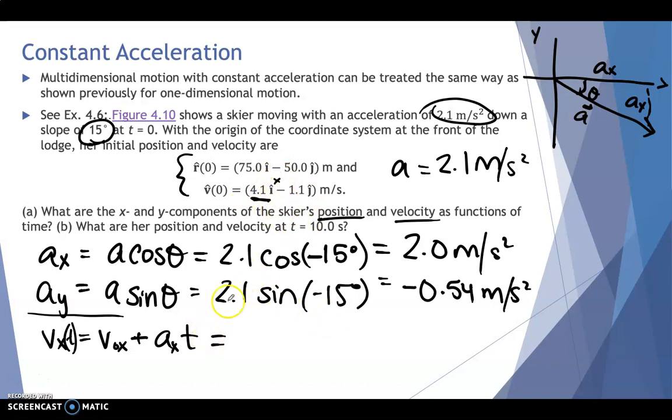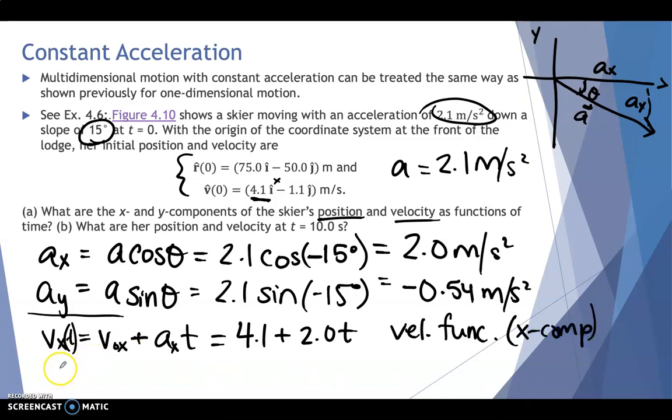So it's going to be 4.1 plus our a sub x, which we just found is 2 meters per second squared. I can just put 2.0 times t. So this is our velocity function, the x component.